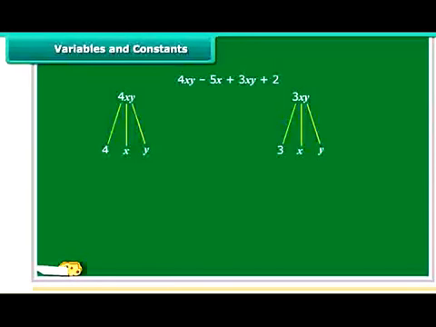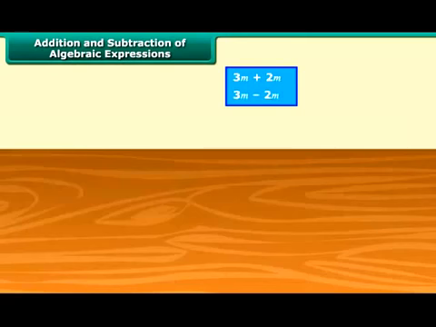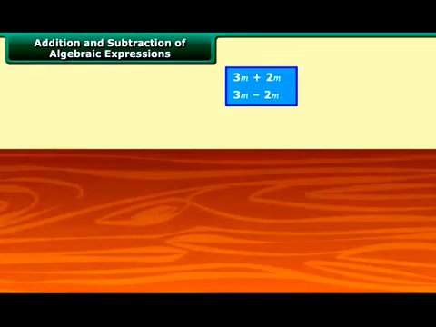So both the terms have the same algebraic factors, which means 4xy and 3xy are like terms. On the other hand, the terms 4xy and minus 5x have different algebraic factors. So, we can only add or subtract like terms. But why is it so?